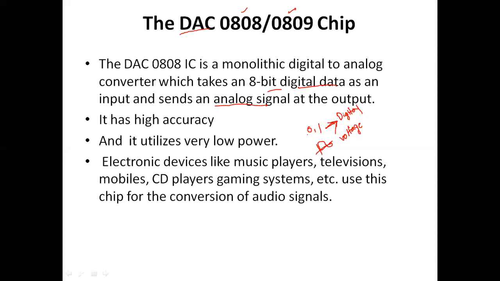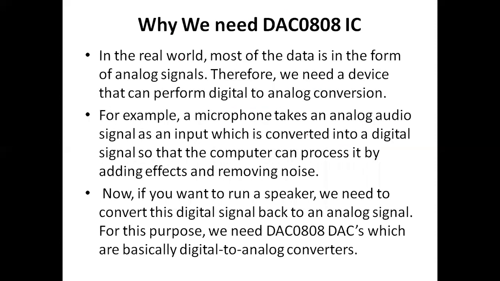This DAC 0808 has high accuracy and utilizes very low power. Electronic devices like music players, televisions, gaming, etc. use this chip for conversion of audio signals. Fine. So these are some of the features of this DAC.